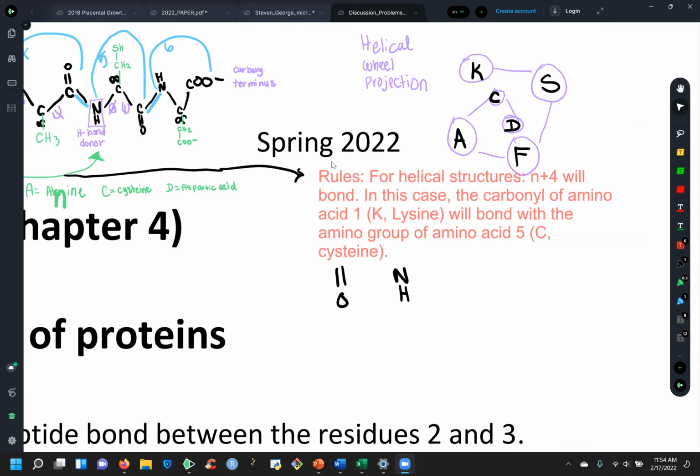That's what you're doing here. You're just looking at it from top down. You fill in your amino acids, lysine, serine, and whatever else they give you. Then the rule for an alpha helix is n plus 1. Oh no, n plus 4 equals bond.